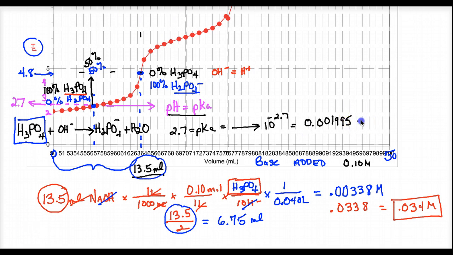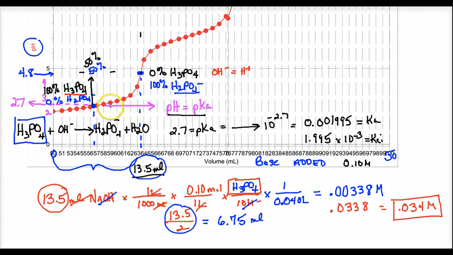That, of course, would be a Ka, the Ka1, which is 1.9, let's make it 2.0, whatever, we can keep the numbers, times 10 to the negative 3. That's my Ka1, the first Ka.